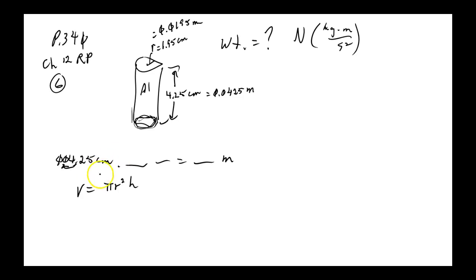So that would be pi times 0.0195 squared times 0.0425, and that will give you a volume in cubic meters. A terribly tiny number.